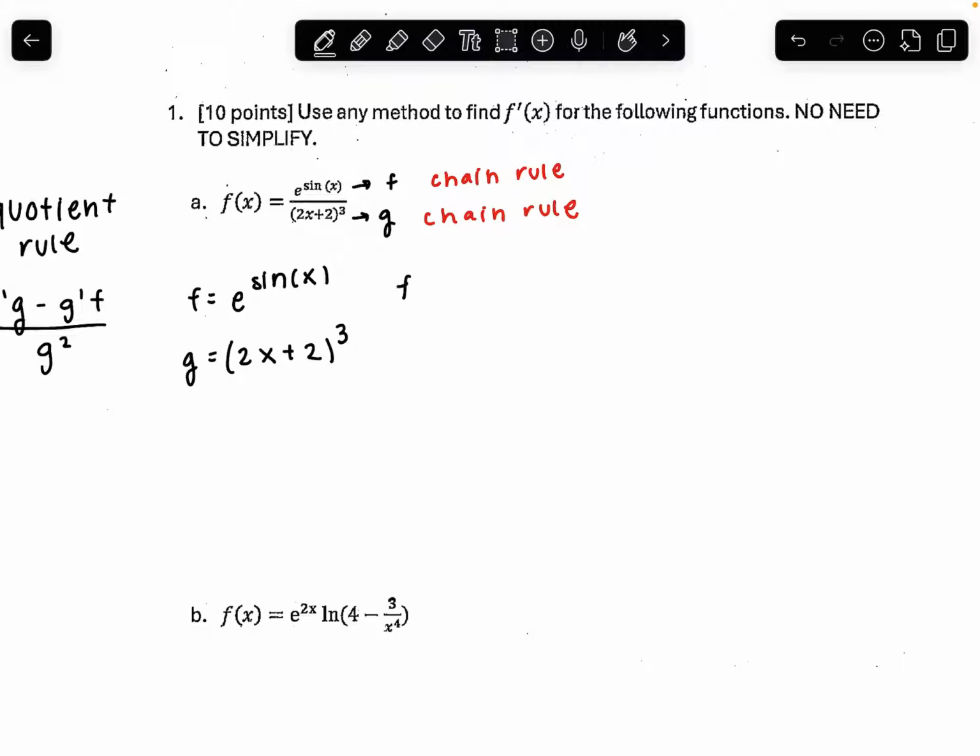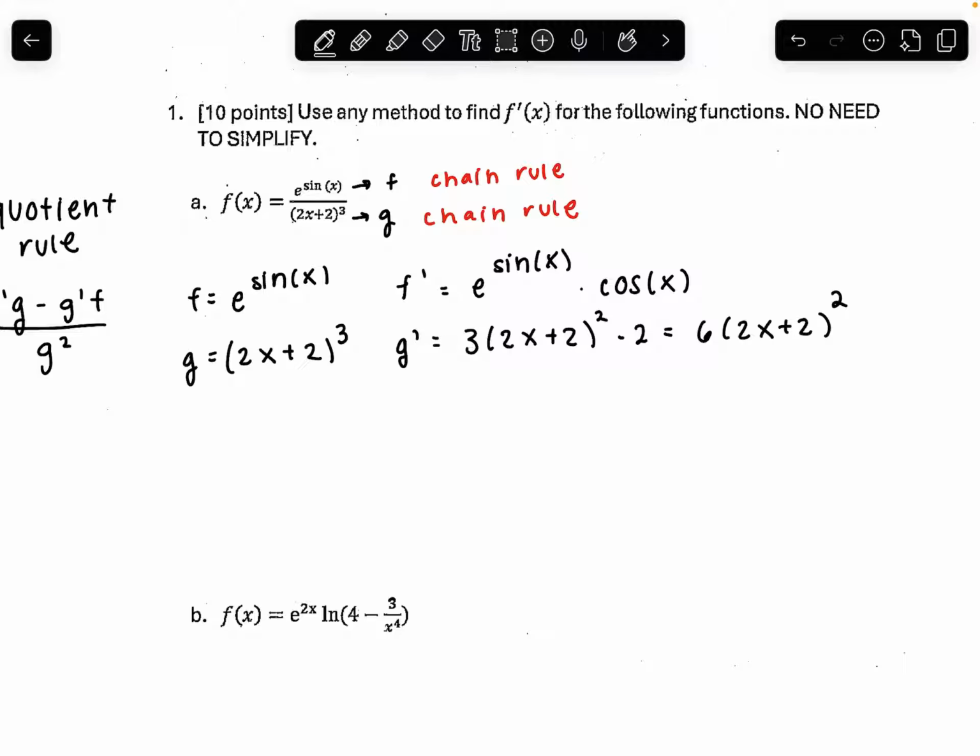So that means F prime is going to be e to the sine of x times the derivative of sine of x, which is cosine of x. And G prime, we're going to have (2x plus 2) squared times 2, which gives me 2x plus 2 squared.